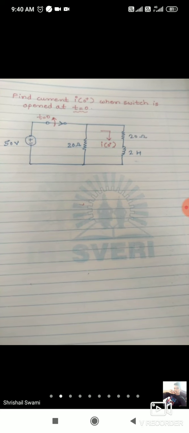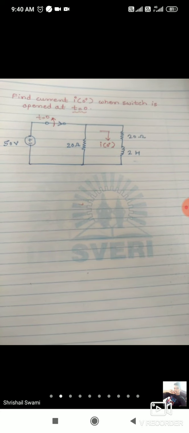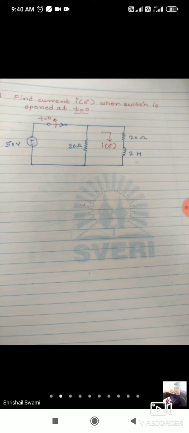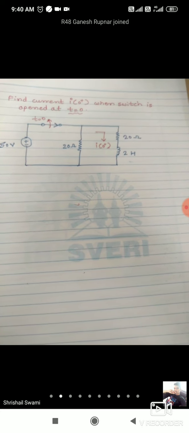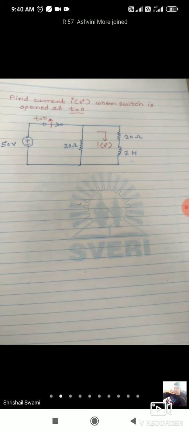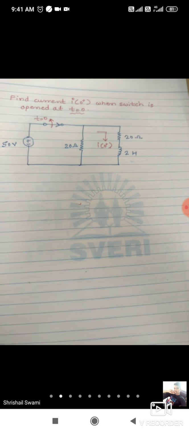Second case, here two resistors are there, 20 ohm, 20 ohm. Up to now, in whatever problems we have solved, only one resistor was present, but here two resistors are given.